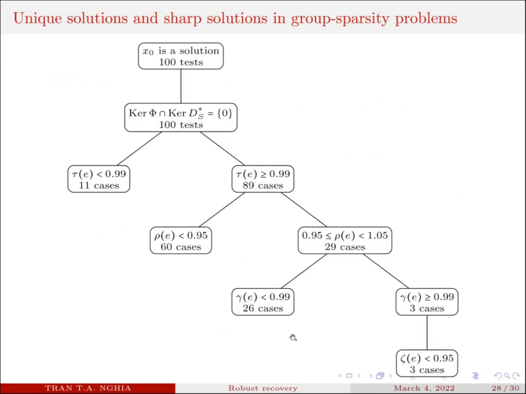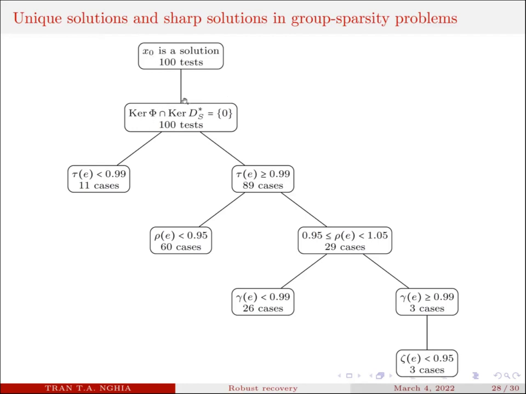So we run some numerical methods. We make only 100 tests, but it's possible we can make 1,000 tests or even more easily. We run many random tests for phi. Phi is a random matrix, and we solve the problem and get x naught, which is a solution.